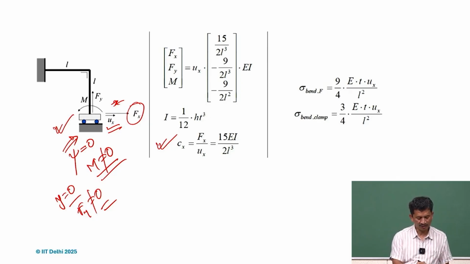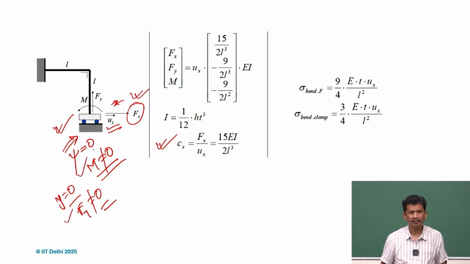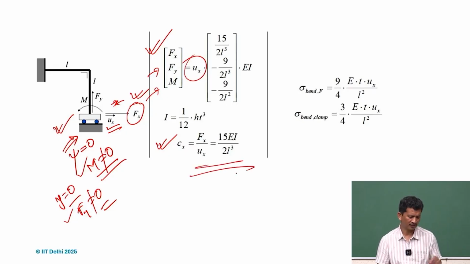And the rest: if we are applying Fx, these are reaction forces, Fy and M, and that's why these are the forces we are talking about. One is the actuation force, the other is the reaction force. The displacement is Ux, and this gives the effective stiffness in the x direction.